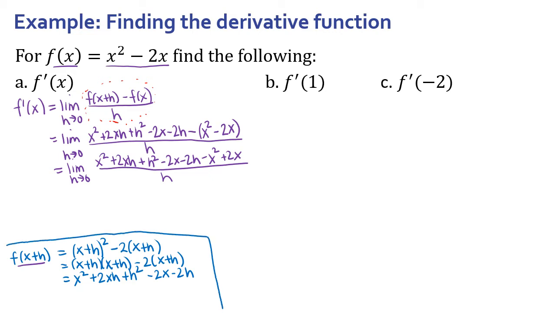All right. We're going to be able to see that some things cancel out, which is great because now the only terms I have left have an h in them, which will help me get rid of that 0 in the denominator. So I can factor that h out.